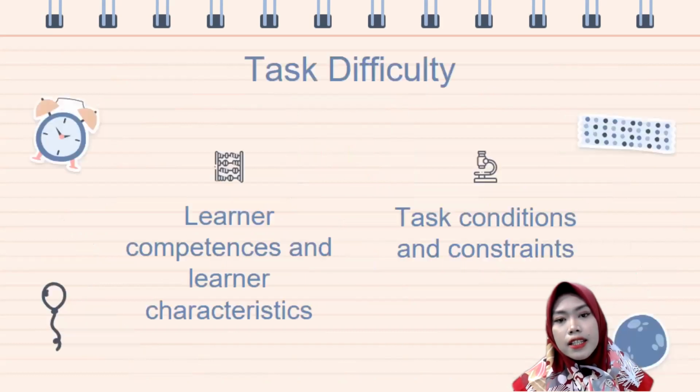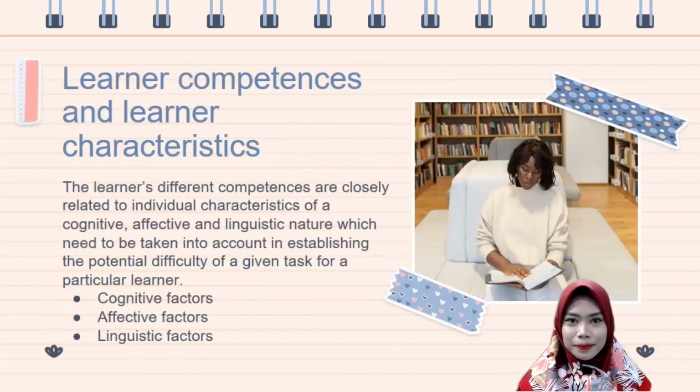And the third is task difficulty. Task difficulty is divided into two: learner competences and learner characteristics, and the second is task conditions and constraints.